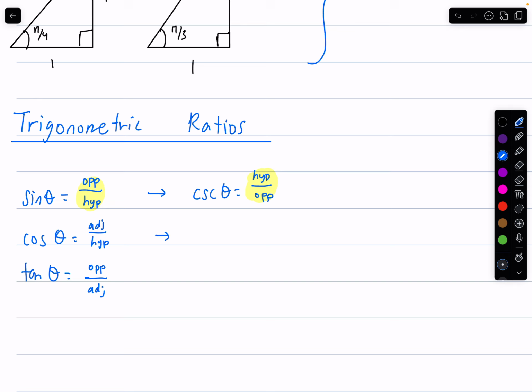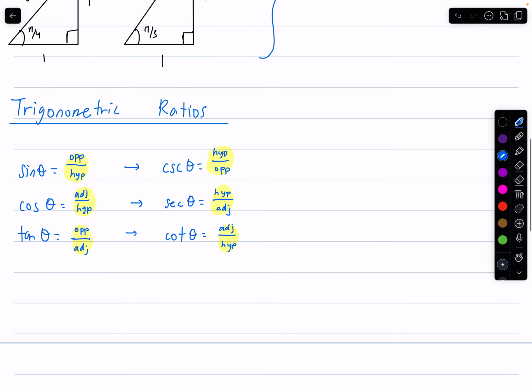For cos theta, the reciprocal is secant, which is hypotenuse over adjacent. And for tan theta, it's cotangent, which is adjacent over opposite. All we're doing is flipping these, and those are your 6 trigonometric ratios.